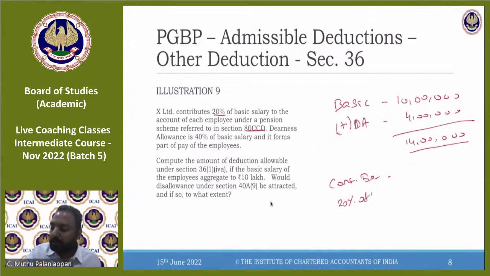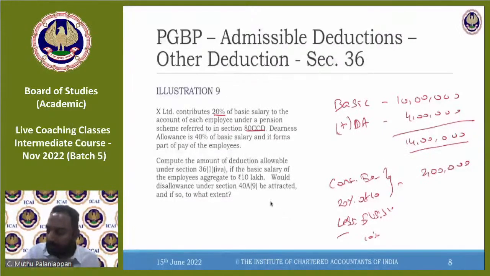Contribution is 2 lakhs. Less what is eligible? Eligible is only 10% of 14 lakhs. So that is 1.4 lakhs. So the 60,000. So out of 2 lakhs, 1,40,000 will be claimed as an eligible deduction.